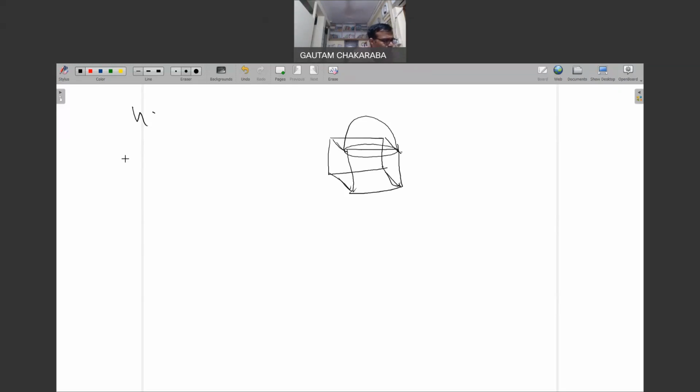What is the greatest diameter of the hemisphere? The greatest diameter is equal to the side of the cube. The greatest diameter is equal to the side of the cube.